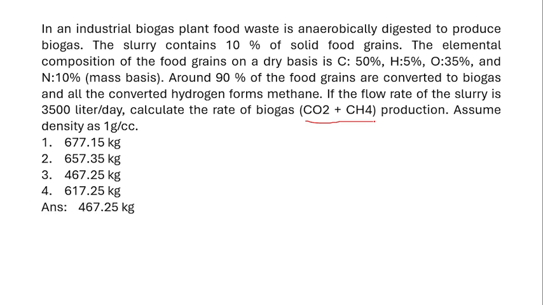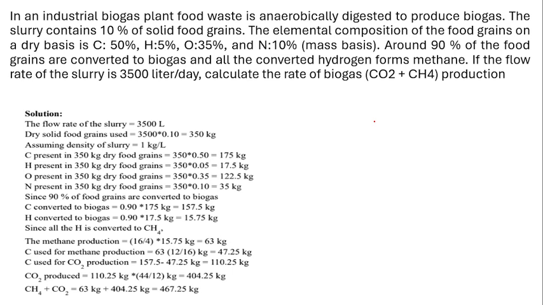Now we will look into the solution. What are the data given here? This is a biogas plant. The feedstock used for the biogas production is food waste. Food waste is anaerobically digested to produce biogas, carbon dioxide and methane. The slurry contains 10% solid food grains, so whatever slurry we use for biogas production contains only 10% solid food grains.